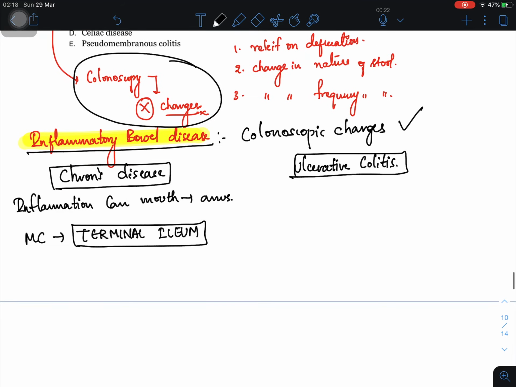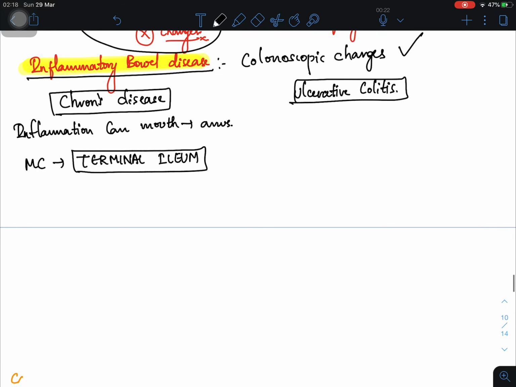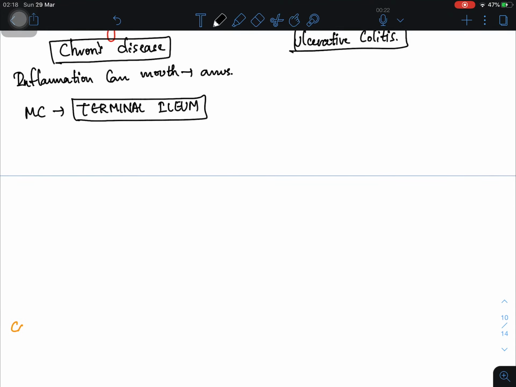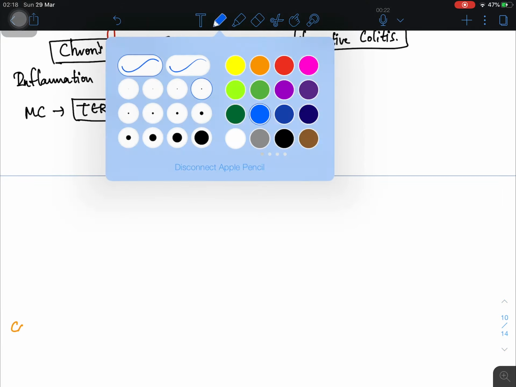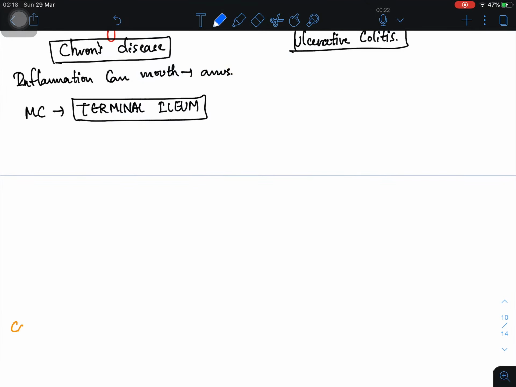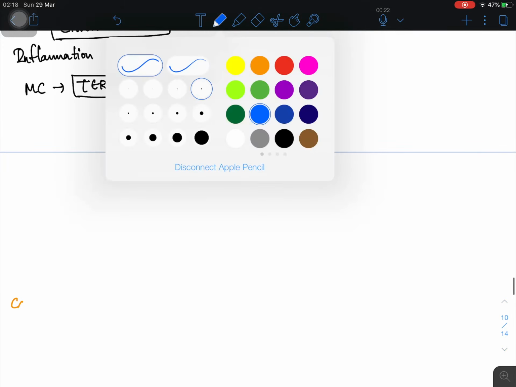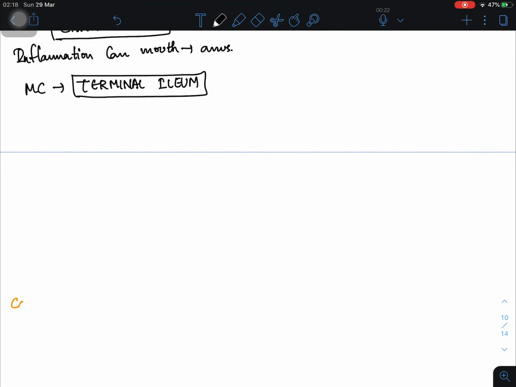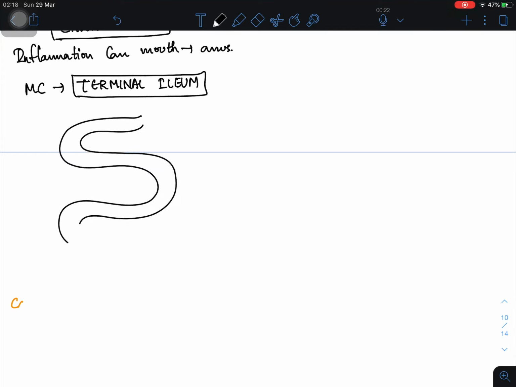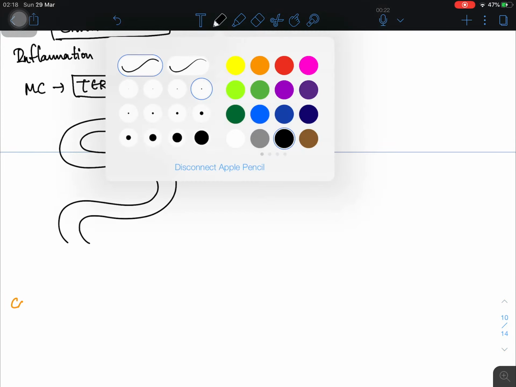Now, when you look at Crohn's disease, what are the colonoscopic changes which you find? Let me draw a small picture. For example, this is some part of the intestine.